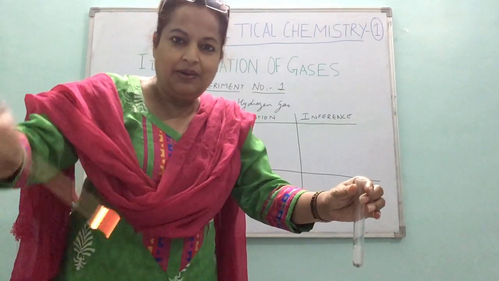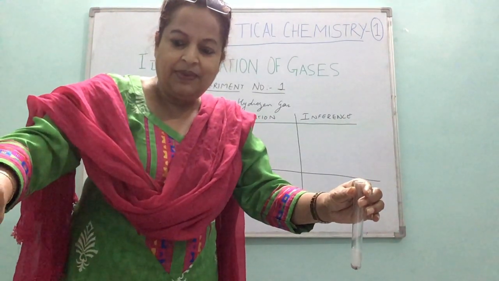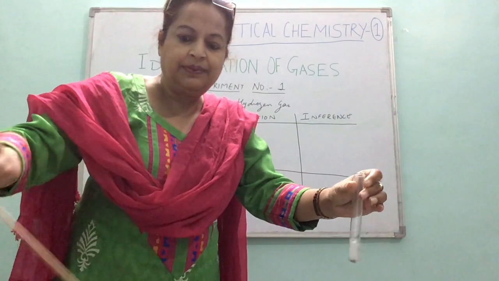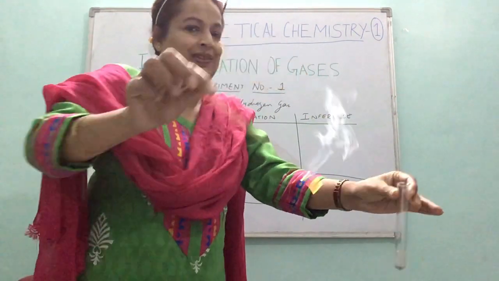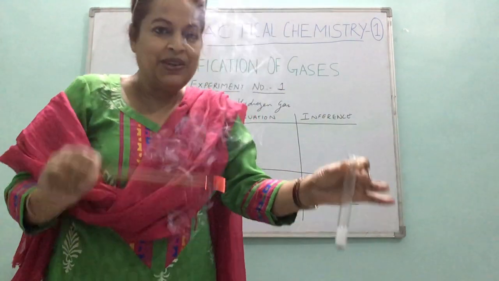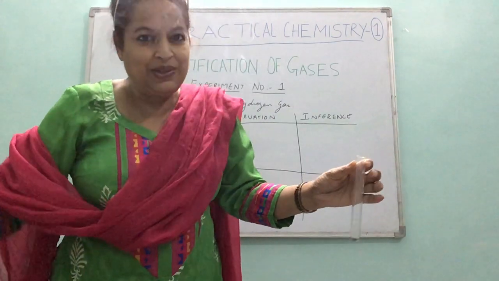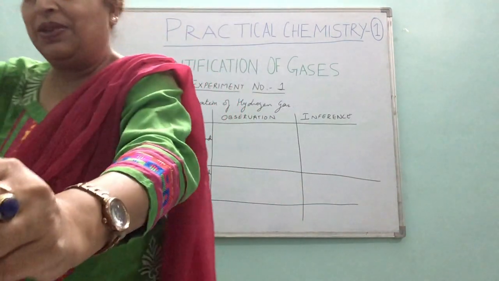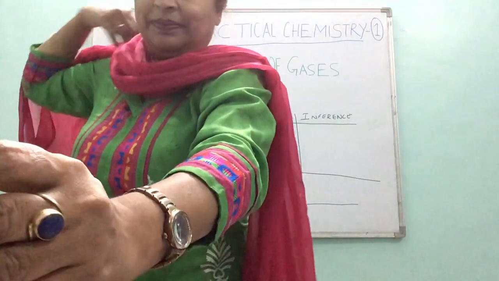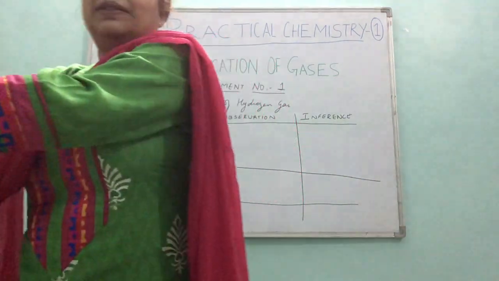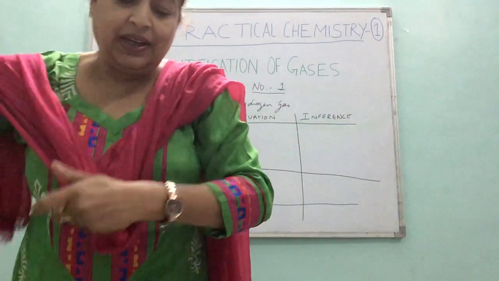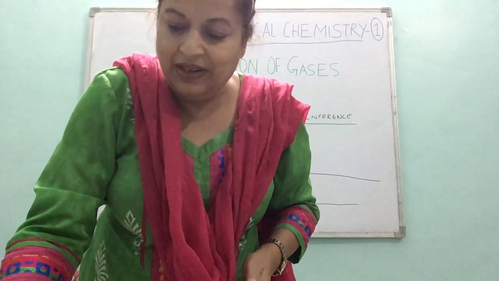Well, I'm again bringing the burning splinter near the spirit lamp, and this is with the pop sound. So this is the test for hydrogen gas. So it burns with the pop sound, right, children? So this is what you have done.